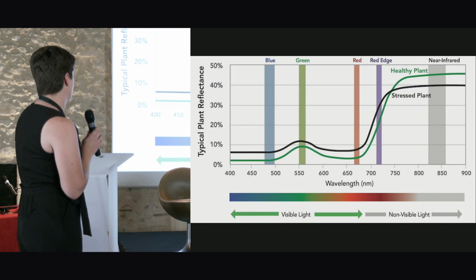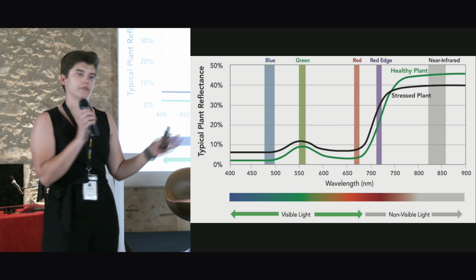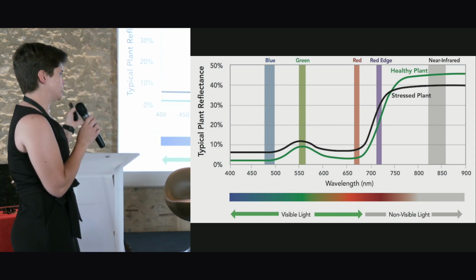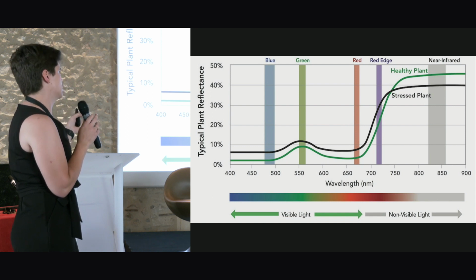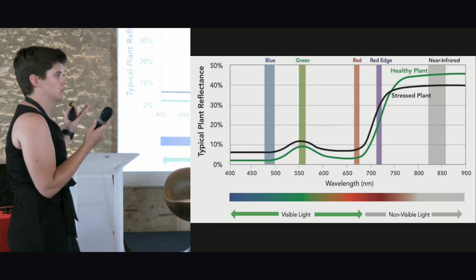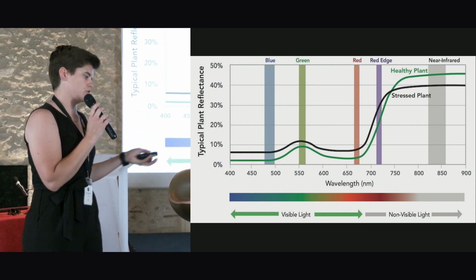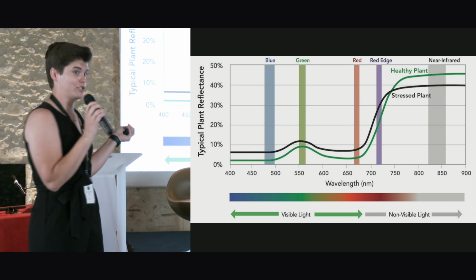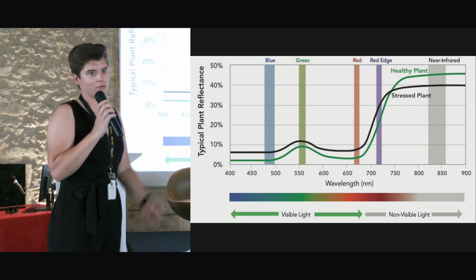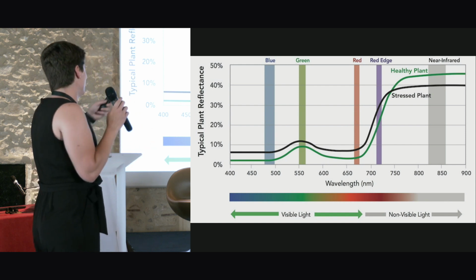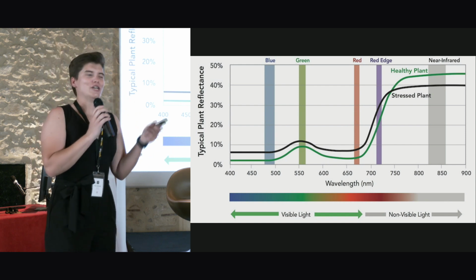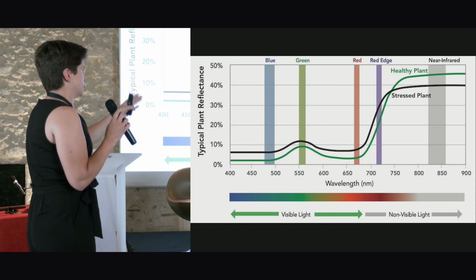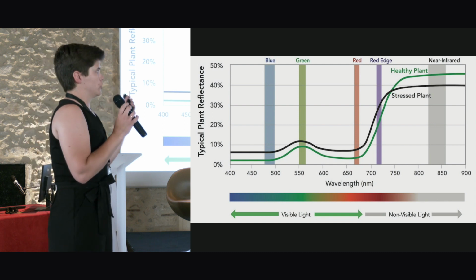Here is a very quick diagram of the multispectral spectrum of our multispectral sensor, so you can get an idea of what a healthy plant looks like and the wavelengths of light that would reflect, and what a stressed plant would look like.